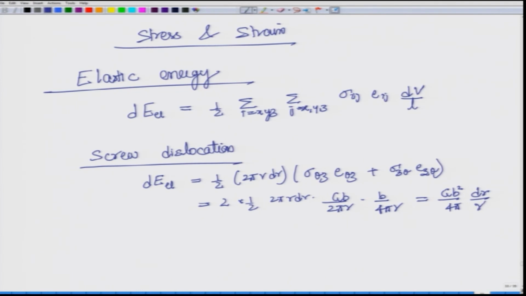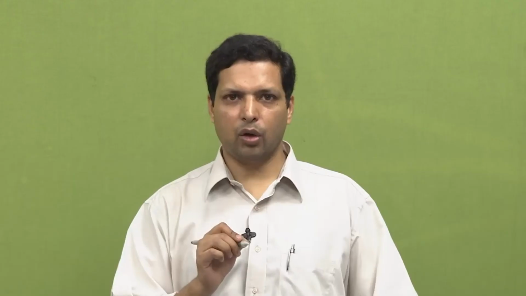So, thankfully, the terms are very simple and we can integrate it. Your E elastic would be G b square by 4 pi integrating, and you remember we have to integrate from the smallest radius. We can integrate only from r core, we cannot go below r core.